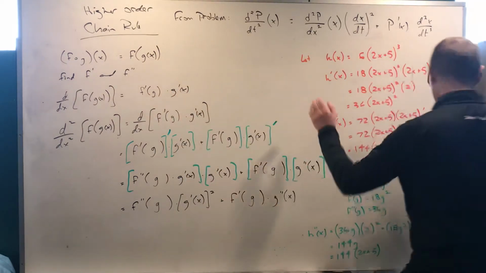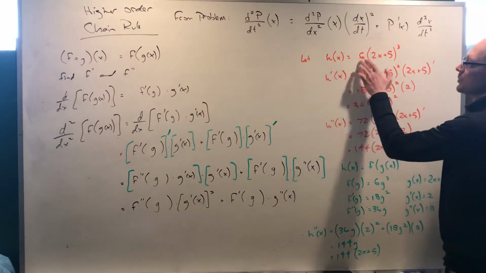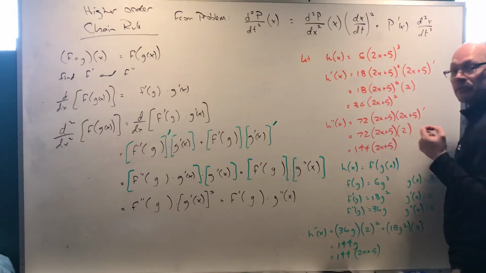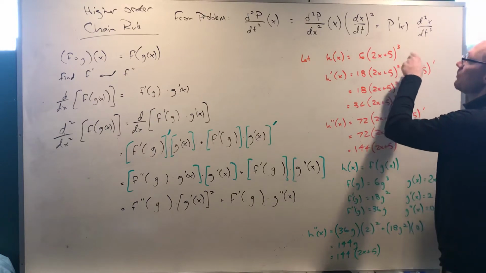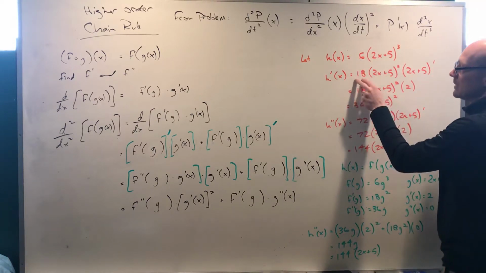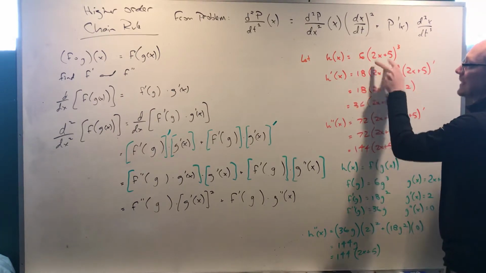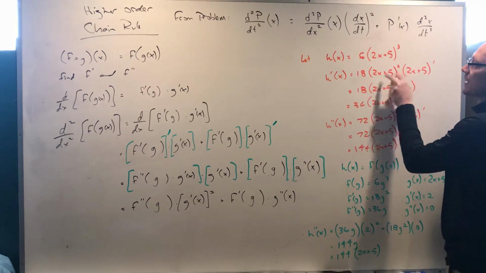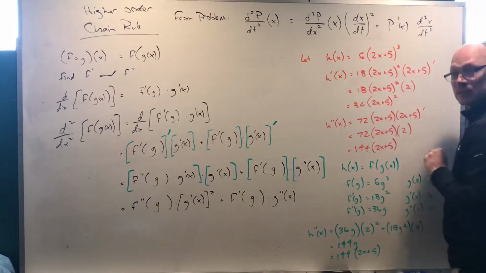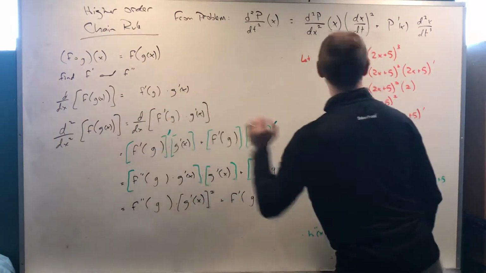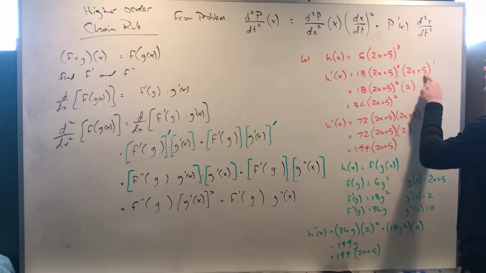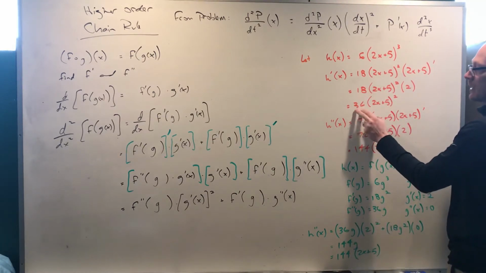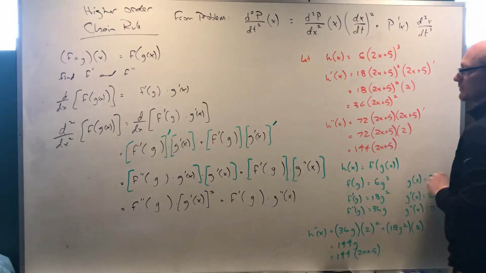For example, if we have a function h of x equals 6 times (2x plus 5) cubed, then the first derivative of that is going to be: bring the 3 down times the 6 gives you 18, times that inside function unchanged to the 1 less power, times the derivative of that inside function. Right? That's what the chain rule says. And we can simplify this. 2x plus 5, the derivative of that is 2. 2 times the 18 is 36. 36 times (2x plus 5) squared.